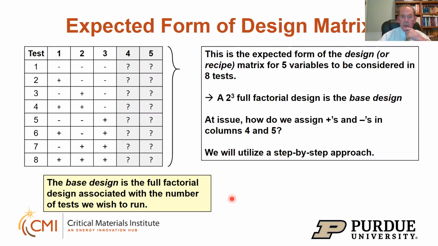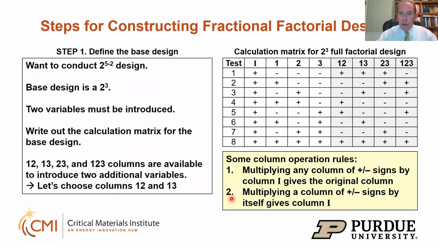All right, and as I noted, our challenge here is how to introduce the minuses and pluses in columns 4 and 5. So we're going to use a step-by-step approach. We know we need to introduce 2 additional variables, variables 4 and 5. I've written out here what we called last time the calculation matrix for this full factorial design. Notice we have a column I, columns for variables 1, 2, and 3, and then all the possible interaction columns: 1 2, 1 3, 2 3, 1 2 3.